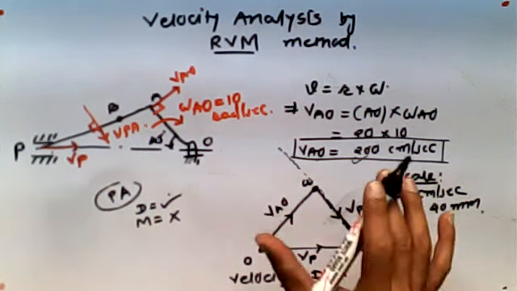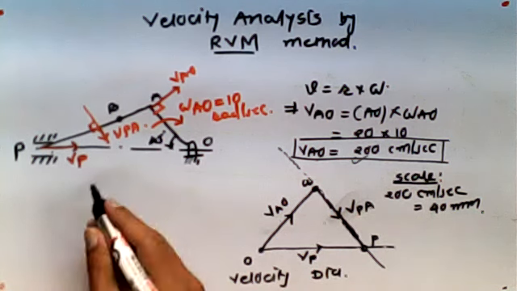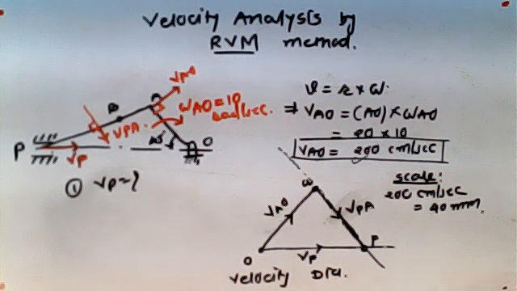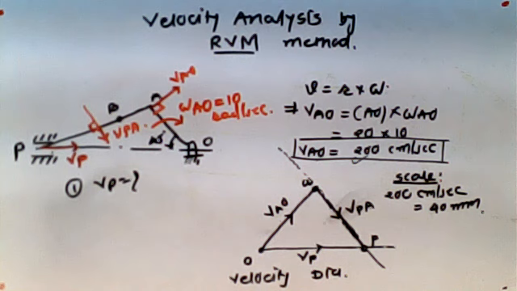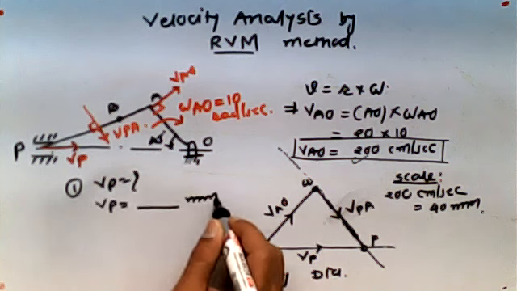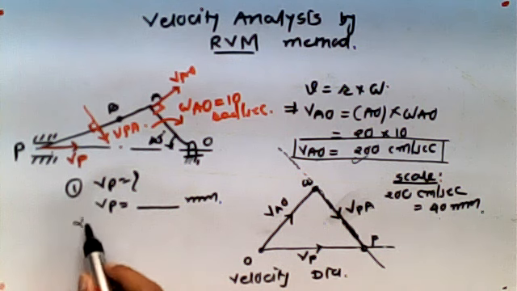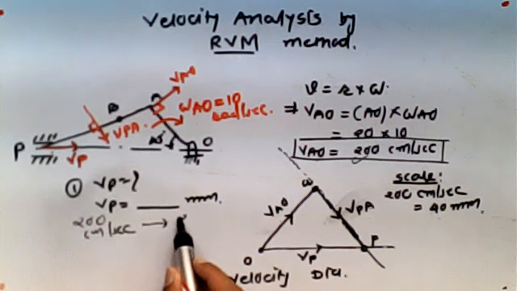So now, the first question was what? Velocity of piston. You can measure this particular line with the help of a scale, and it will give you a certain answer in millimeters. Again, you have to take this particular scale. The scale you have taken is 200 centimeter per second equals 40 mm.